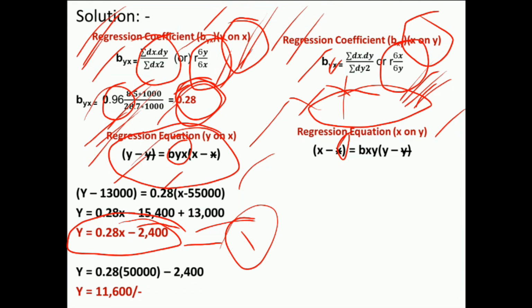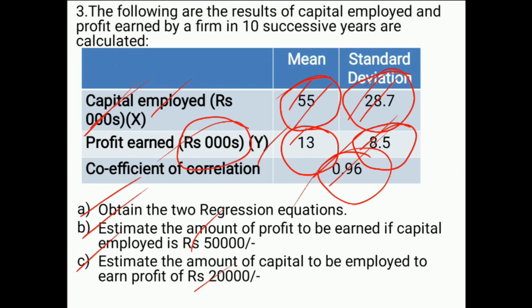After simplifying, you will get an equation x equals bxy into y plus or minus some value. After getting these two equations, we will go back again.